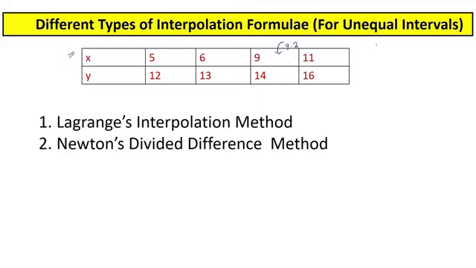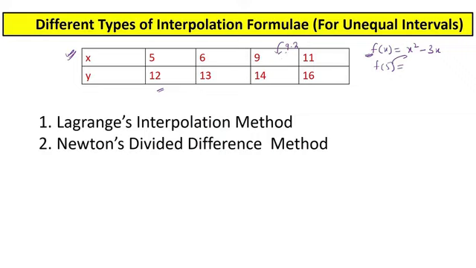If we are given a function, let's say f(x), and it is said that if we put 5 here, we get, let's say, 12. Although we will not get 12 here, let's say this is the function defining this table or pattern: at x equal to 5 we get 12, at x equal to 6 we get 13 using this function.